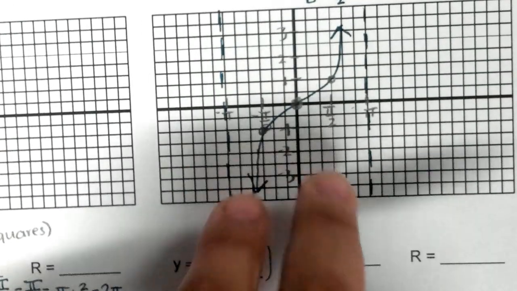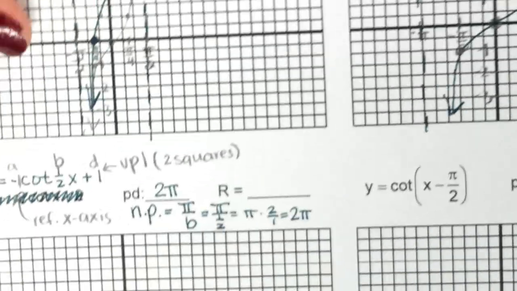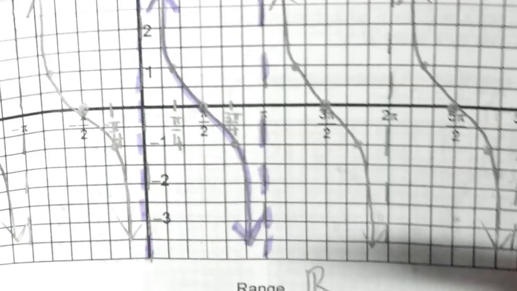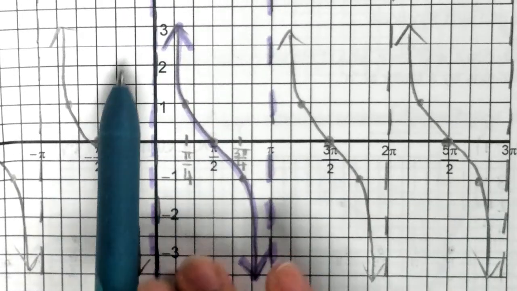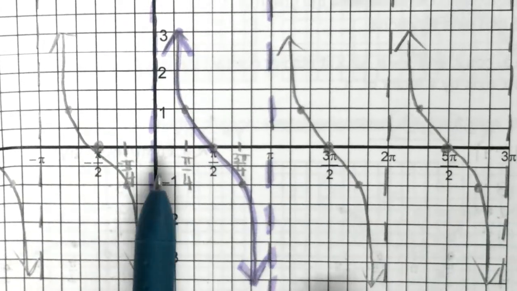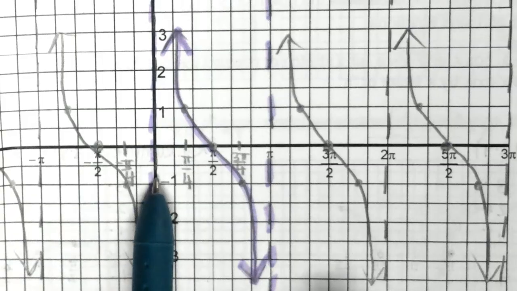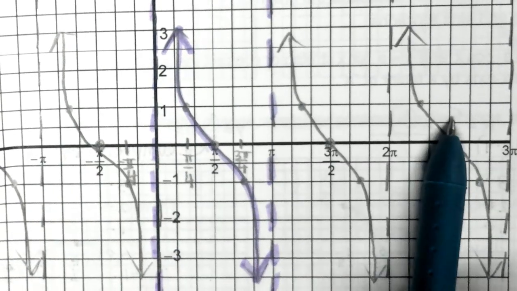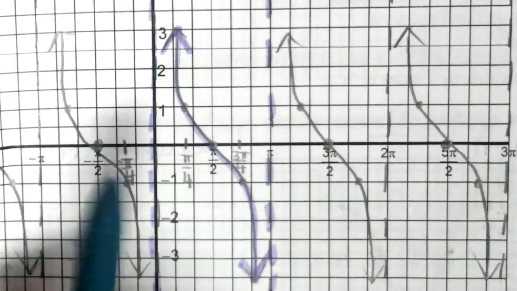Expands out, stretches out both directions. Cotangent does not. So here is my cotangent parent function. I have an asymptote on the y-axis. That asymptote is going to stay on the y-axis, and it's going to stretch to the right to 2 pi. Not going both directions like tangent.